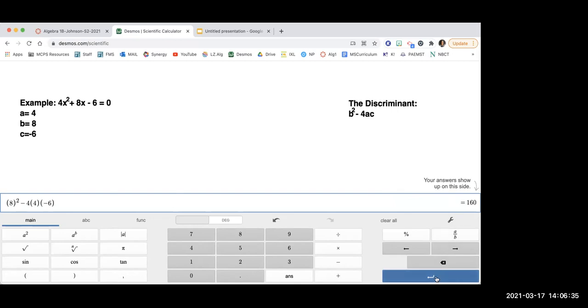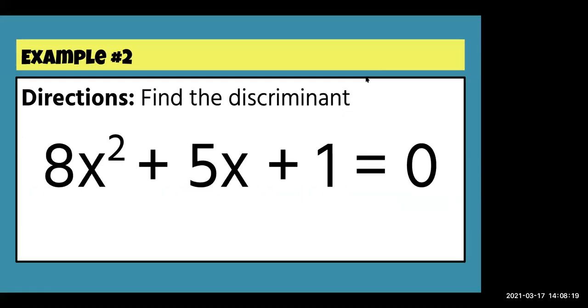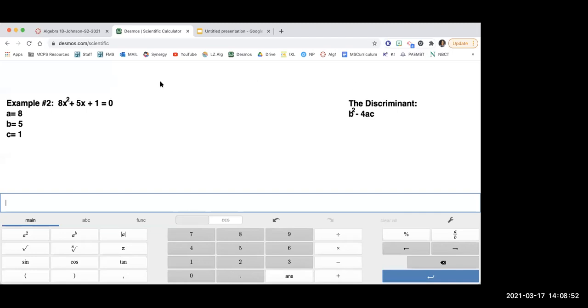Let's try another. Example 2, 8x squared plus 5x plus 1 equals 0. The a value is 8, the b value is 5, and the c value is 1.